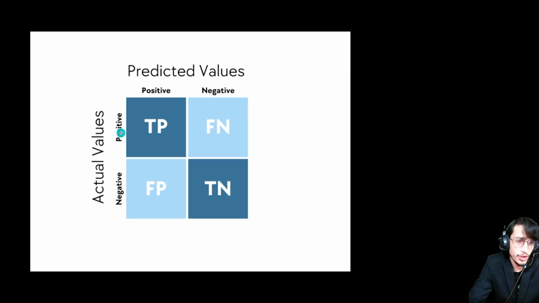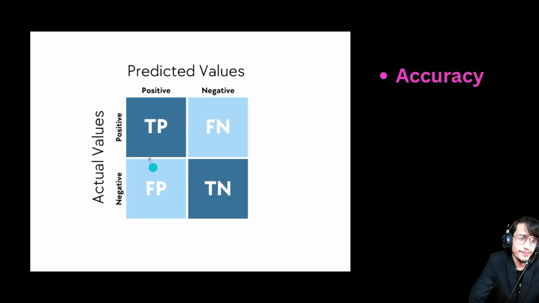If our actual value is positive but our model predicted negative, then this is false negative, means it is not negative. If our actual value is negative but the model predicted positive, then this is a false positive, means this is not positive. And if the predicted value is negative and the actual value is also negative, then this is true negative.